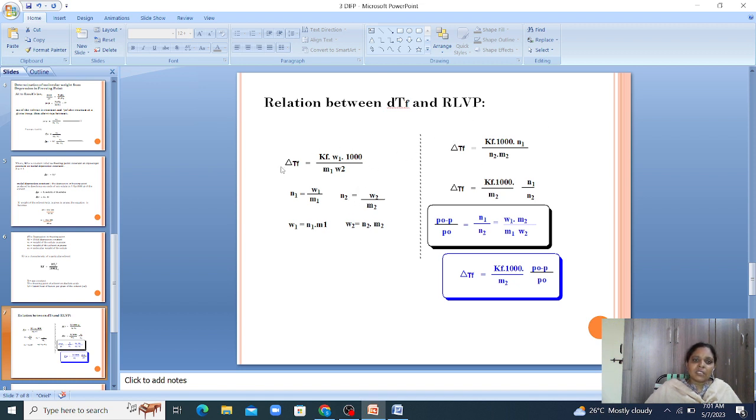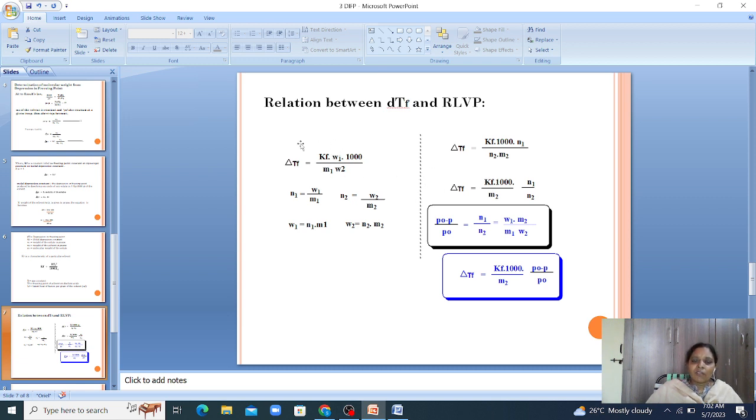So in this depression in freezing point equation, we can substitute the number of moles of solute, that is W1 upon M1, and the number of moles of solvent N2 is W2 by M2. So weight of solute W1 equals N1 into M1, and weight of solvent W2 equals N2 into M2.